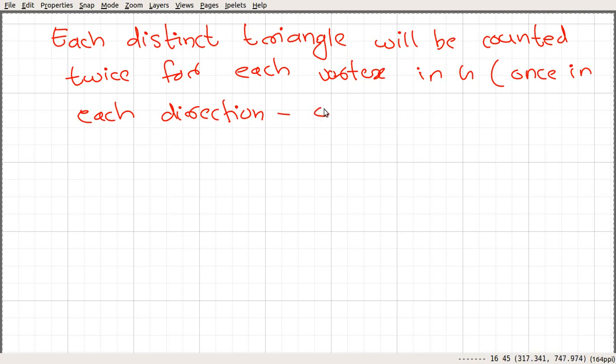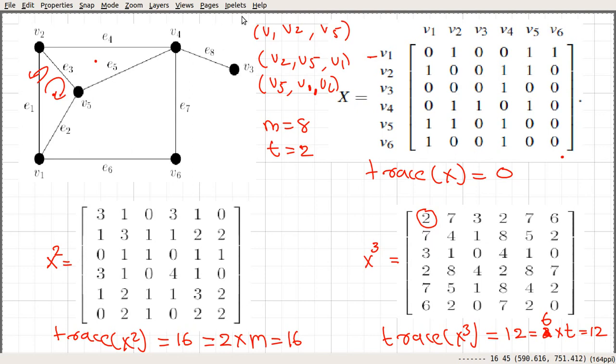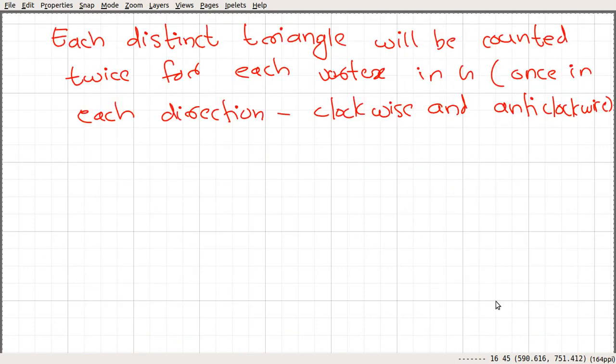So if you like, we can call that clockwise and counterclockwise, or anti-clockwise. So there will be a counting of 2 in that case, and similarly we could consider these cycles in these 3 different ways. So all these 6 will come here, and that's why we need to divide by 6, and that's the result.